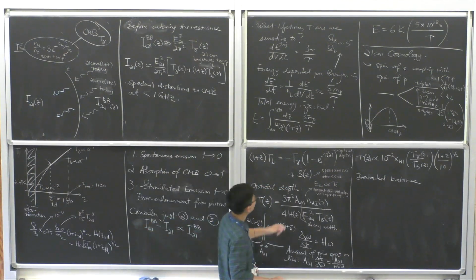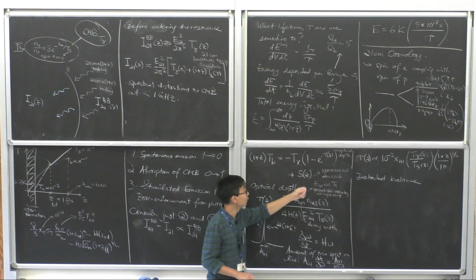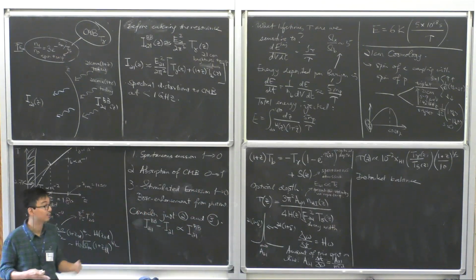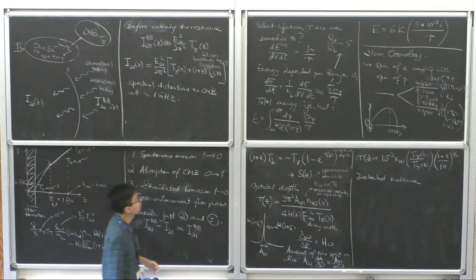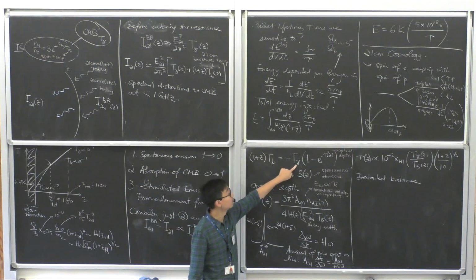And so this S of Z here, the only thing it knows about is TS, right? Because spontaneous emission is just emission from the atom itself. It doesn't care about the CMB bath. And so if I set T gamma to TS, in other words, if the photon temperature is the same as the spin temperature, then those two systems are in equilibrium and I don't expect any net change.